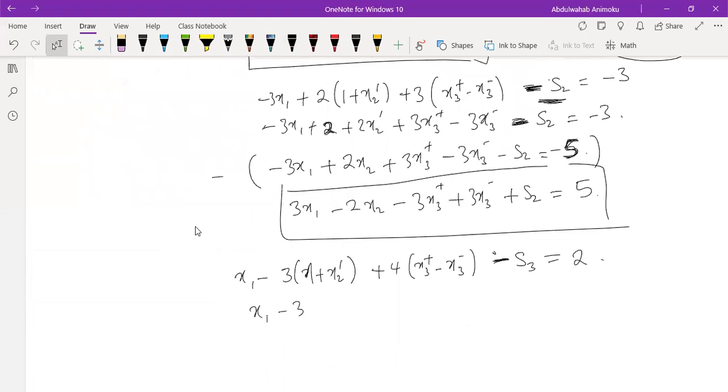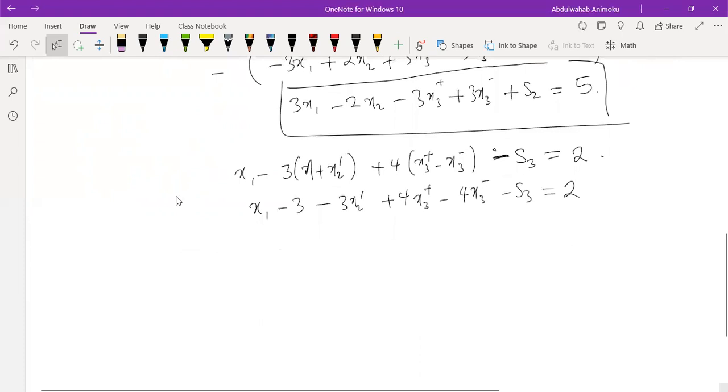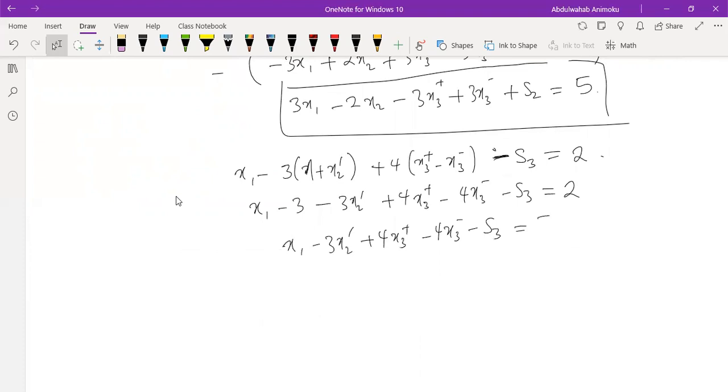We have x1 minus 3 minus 3x2 prime plus 4x3 plus minus 4x3 minus s3 equal to 2. So what does this give us? This gives us x1 minus 3x2 prime plus 4x3 plus minus 4x3 minus s3 equal to 5. So we'll take the minus 3 to the other side.